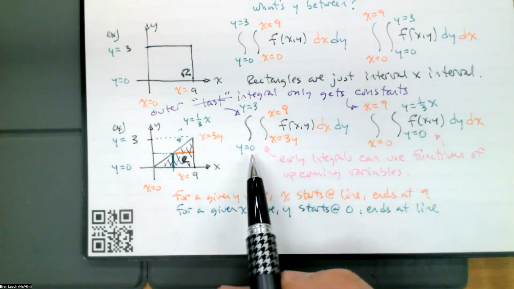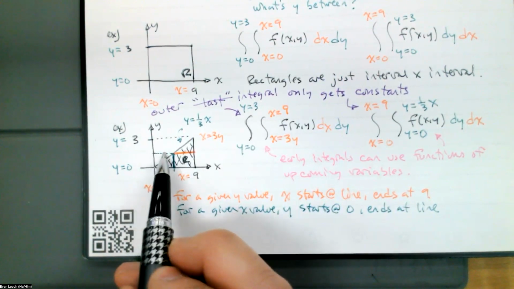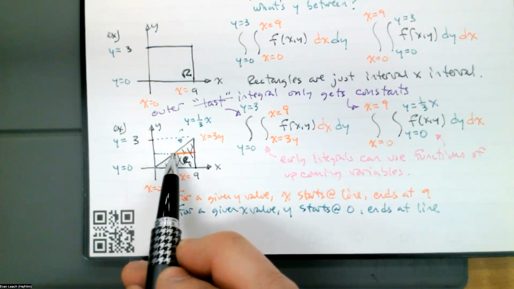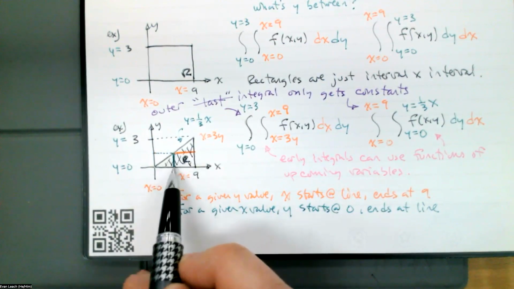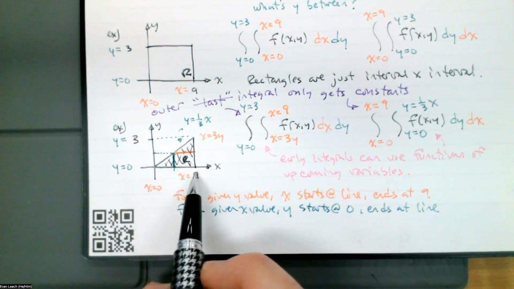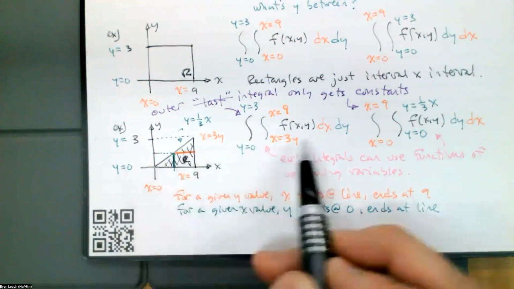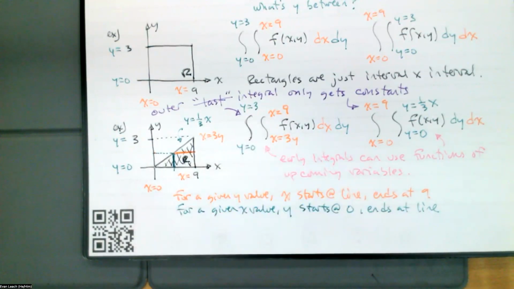We're going to do something with all the y values from 0 to 3. So we're going to pick one of those y values, and then go up to the region. The region starts here at the line, and that's the first x value that we want to write down. And the last x value that we want to write down is 9. So that's why we start off at the line and end at 9.